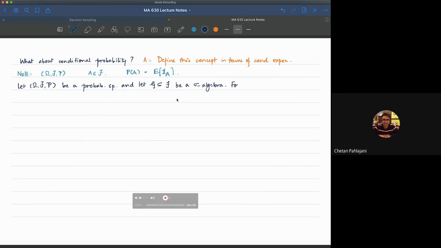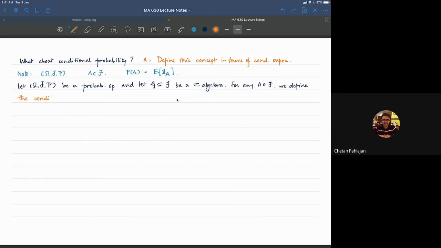So for any A in F, we define the conditional probability of A given G, we'll denote this by P of A given G, to be E of indicator A given G.